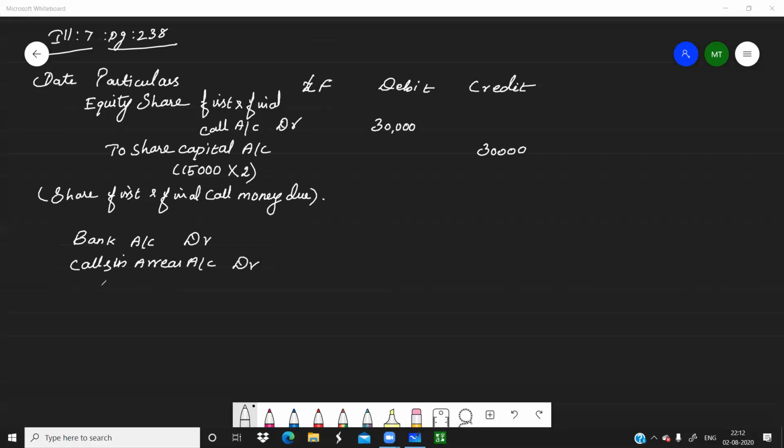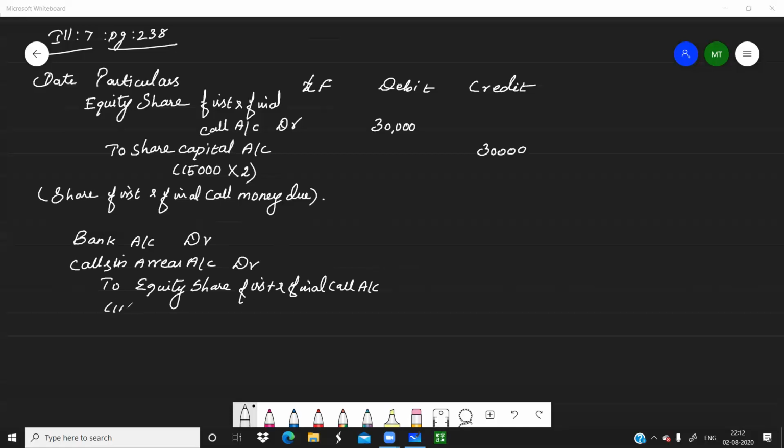Okay, debtor to equity share first and final call account. Okay, that's all. So the amount fails, the amount is 100 shares.